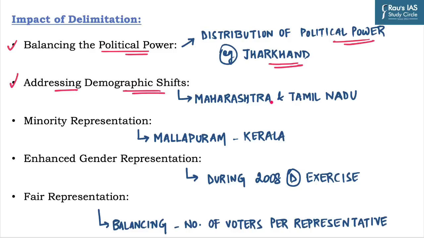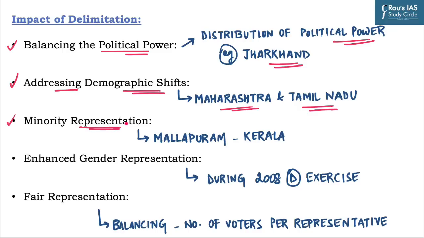The second one is addressing the demographic shift. In 2002, constituencies in states like Maharashtra and Tamil Nadu were redefined to address the substantial population growth in urban areas. And it paved the way for better reflection of population changes and also ensured that the urban centers had adequate representation in legislative bodies. The third one is minority representation.